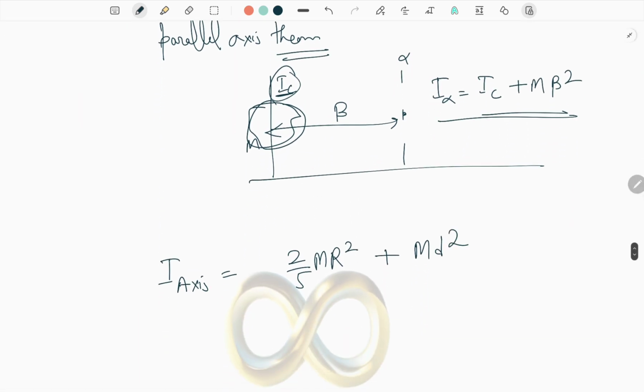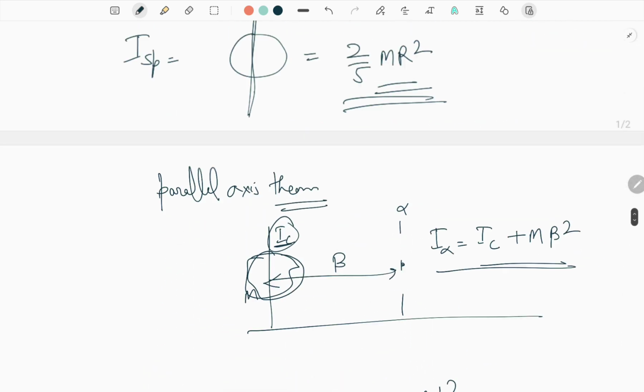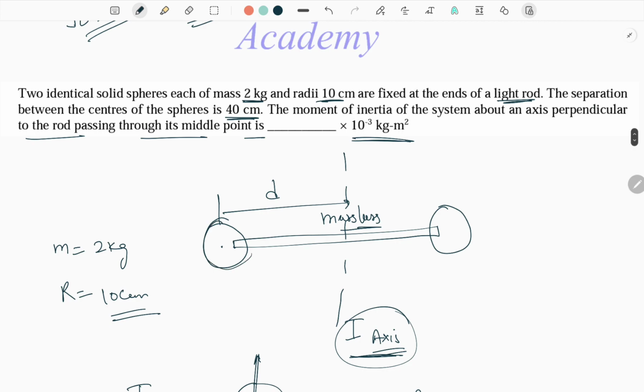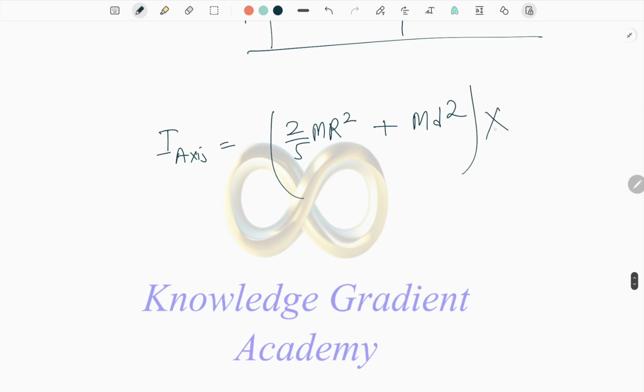This is for one sphere, but in our case there are two spheres and everything else, d and m, is identical. So for both we just multiply by 2. If the masses were different, we would write it separately, like m1 r1 square plus m1 d square plus 2 by 5 m r square plus m d square.